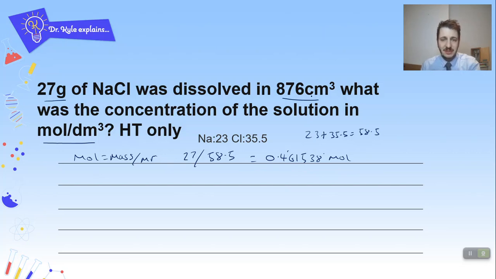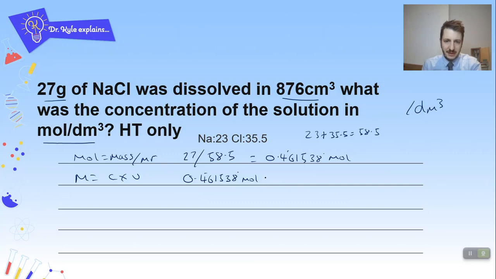Now I know that I have that in 876 centimeters cubed. So what was the concentration? Now remember, concentration is always per decimeter cubed. And so M equals C times V. So now I've got my 0.461538 moles.